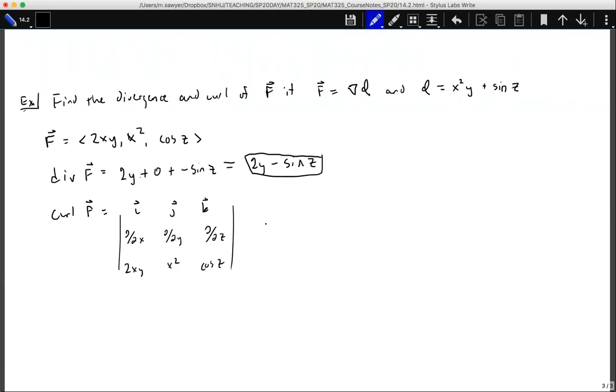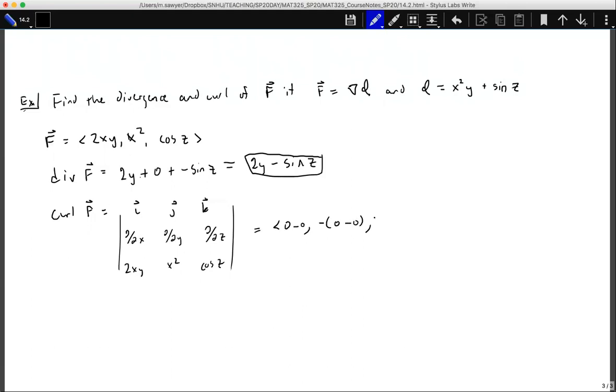We're taking the determinant of that. So the partial with respect to y of cosine of z is 0. Partial with respect to z of x squared is 0. So our first component is 0. Negative the partial with respect to x of cosine of z is 0. Partial with respect to z of 2xy is 0. So our second component is 0.